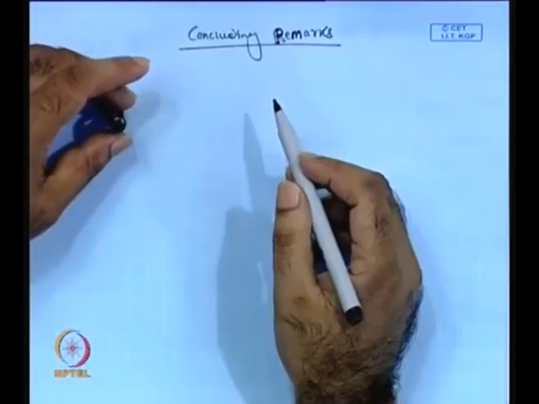In the beginning I started with the modeling strategy, and now we are at the end, so we have to summarize how the modeling strategy begins and how it comes to an end. In fact, it has many areas, many applications, many branches, so it is not straightforward.